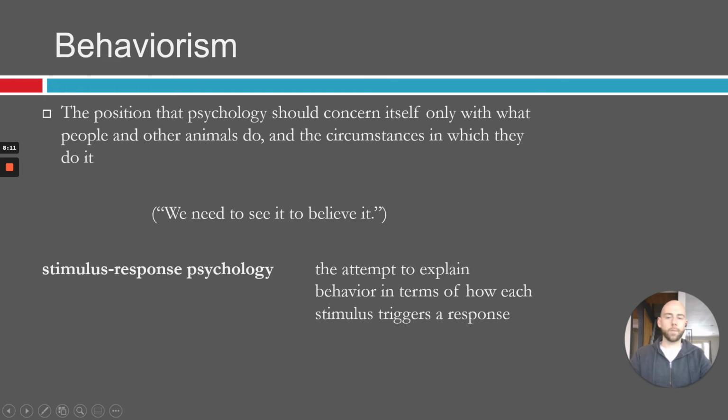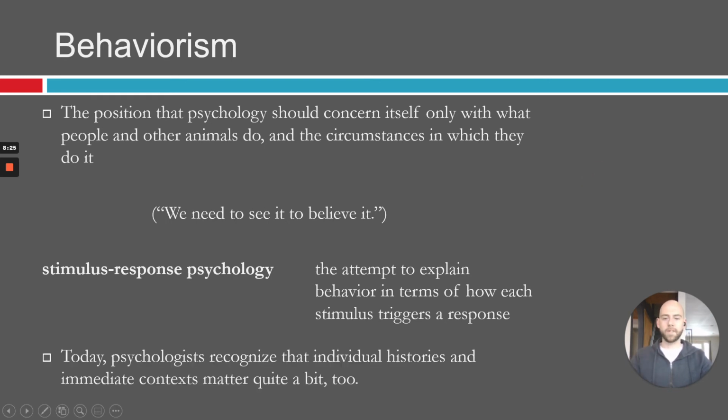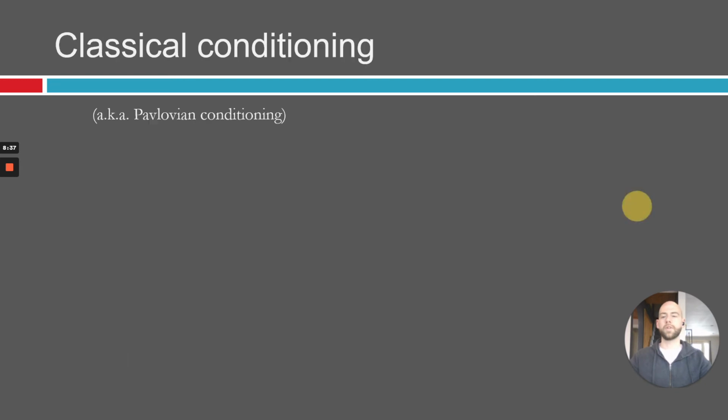Those were things that behaviorists said, we can observe these, we can measure these, in much the same way that a chemist can look at how different compounds are combined to create a particular reaction. They were trying to make it very hard sciencey, in a sense. So again, now this is not really how people think about this. It's part of our history, but it's context for why we understand things the way we do. It's not our current understanding.